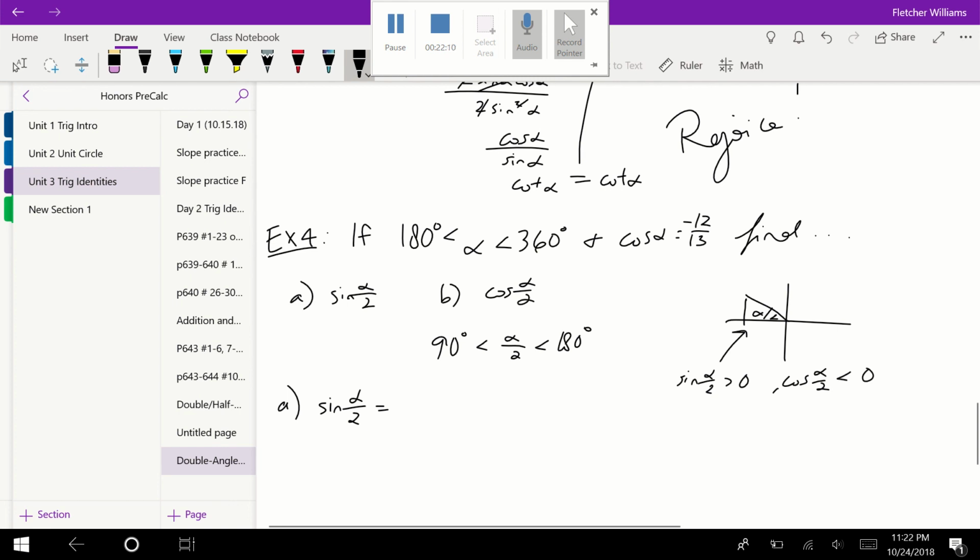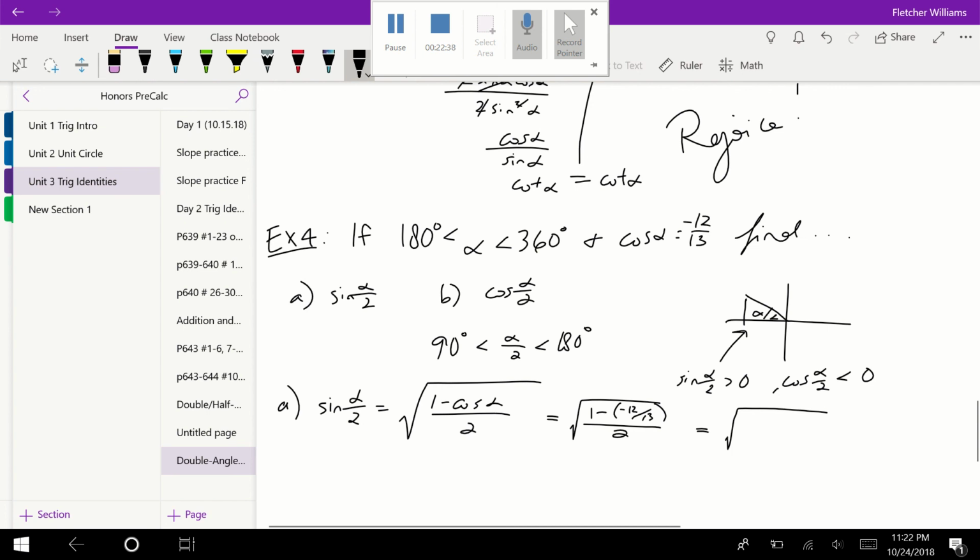So anyway, sine alpha over 2 is positive, so it's the positive square root of 1 minus cosine alpha over 2. 1 minus negative 12/13, because cosine alpha was given. Get a common denominator. 1 becomes 13/13.